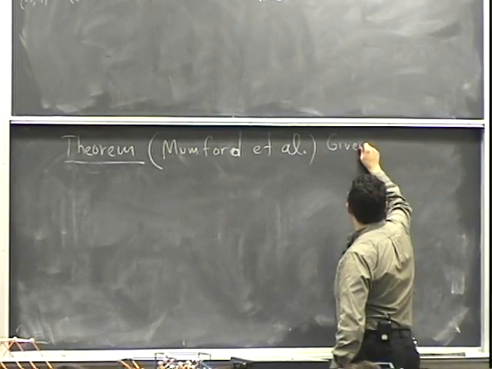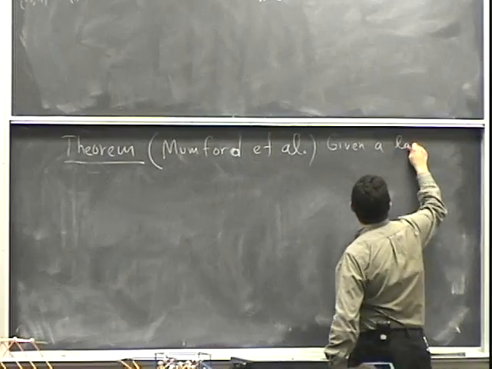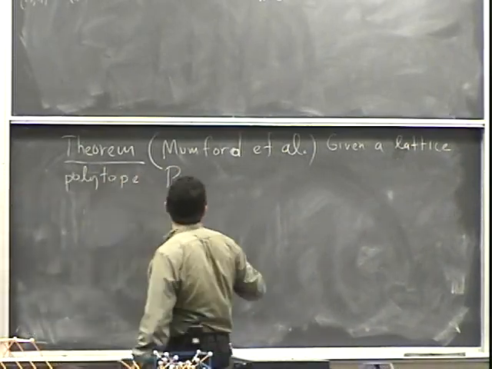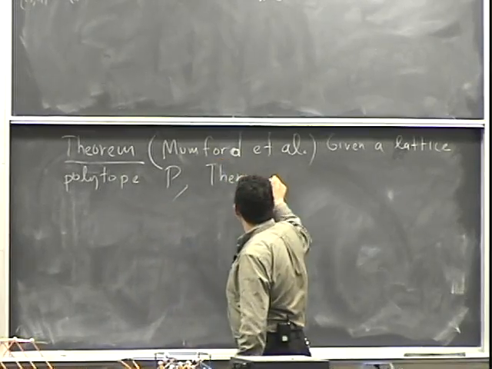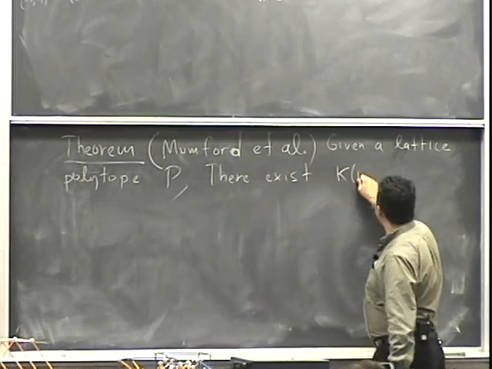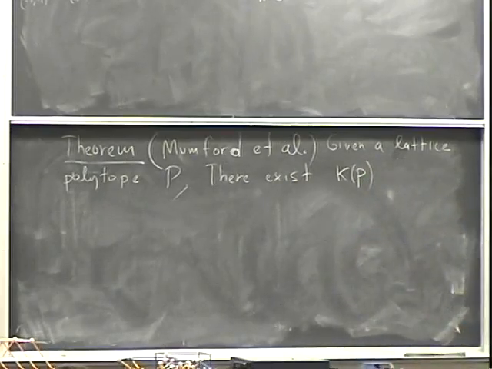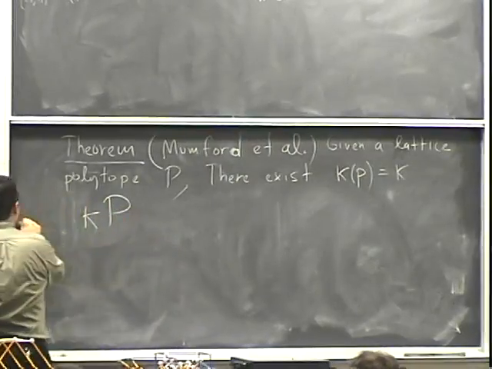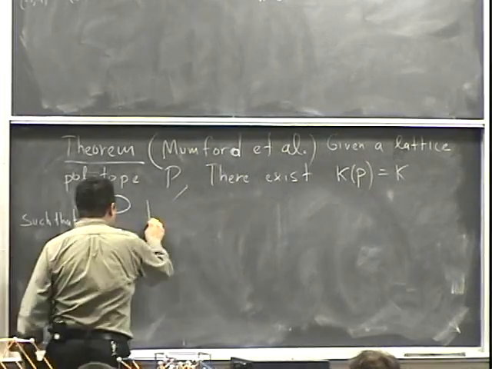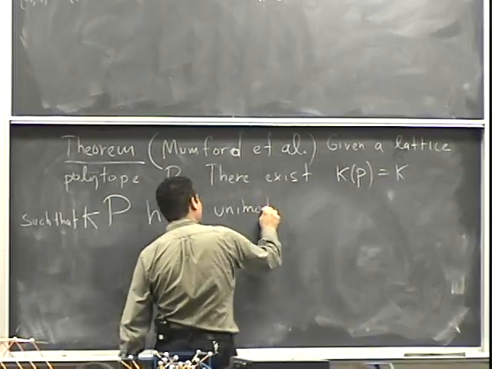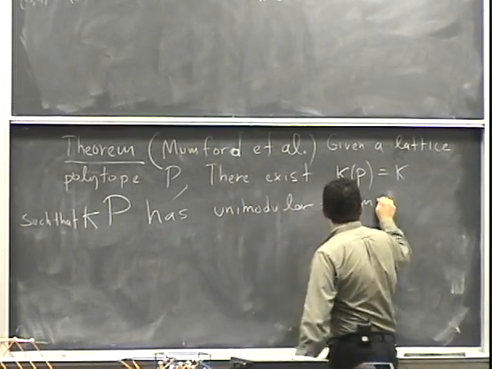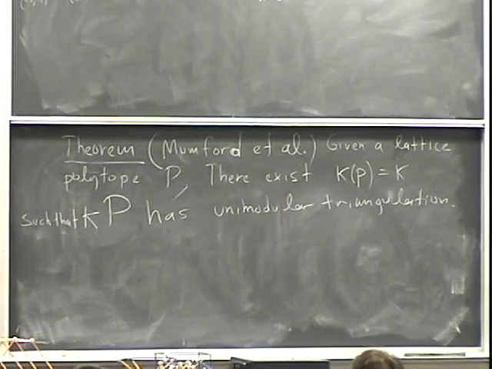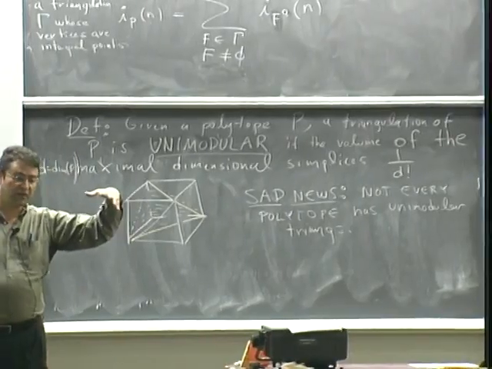So given a lattice polytope P, there exists a constant that depends on P, so this is K of P, but I'm just going to call it K because we're friends, such that KP has a unimodular triangulation. Remember, for unimodular triangulations you are allowed to use integer vertices that are in the boundary or in the interior of the polytope, not only the vertices themselves.